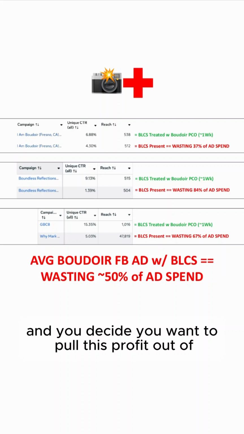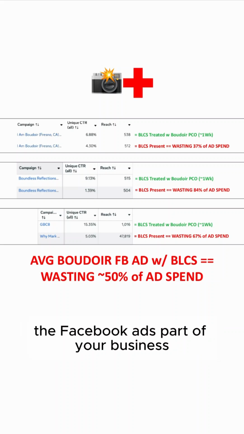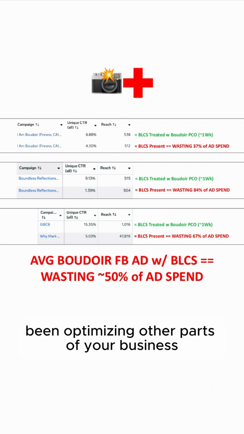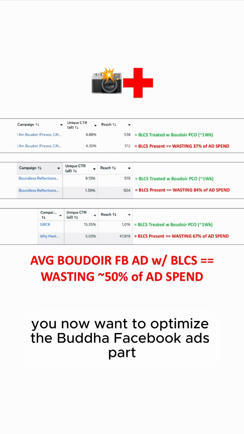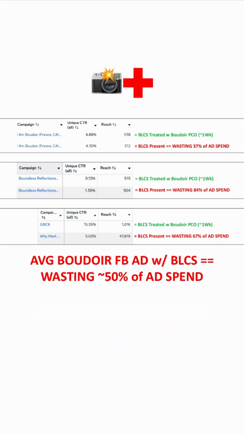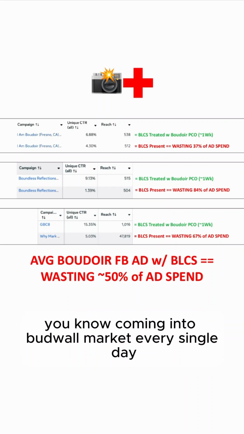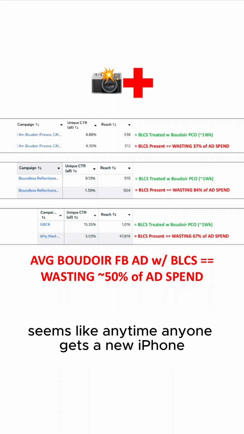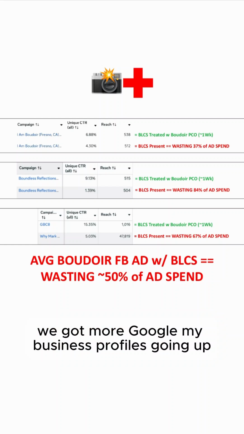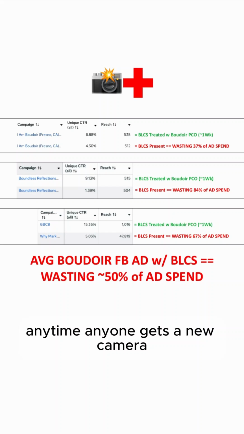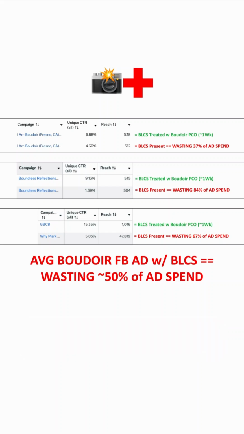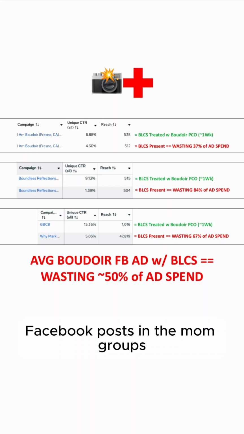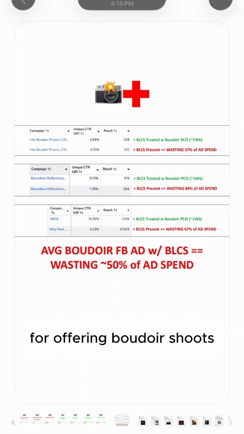And you decide you want to pull this profit out of the Facebook ads part of your business because you've been optimizing other parts of your business. So you now want to optimize the Boudoir Facebook ads part because you see more women coming into the Boudoir market every single day. Seems like anytime anyone gets a new iPhone, we got more Google My Business profiles going up. Anytime anyone gets a new camera, we're getting more Facebook posts in the mom groups offering boudoir shoots.